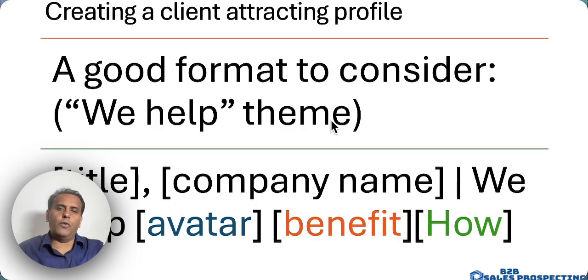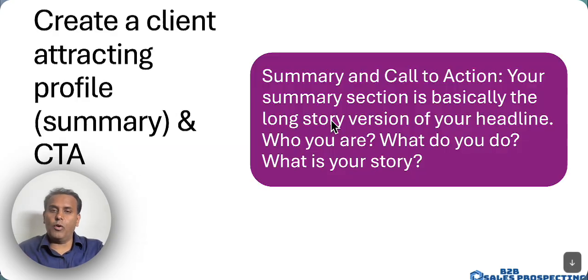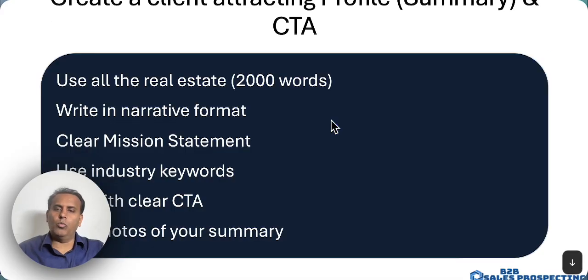So we use this formula. We ask Claude to use this formula, and also to create a client attracting profile, we gave all these instructions. The summary is basically the headline, who are you, what do you do, what's your story. So use all the real estate, write in narrative format, with a clear mission. These are the things we had to give to Claude.